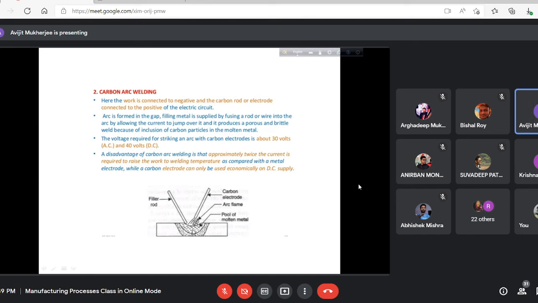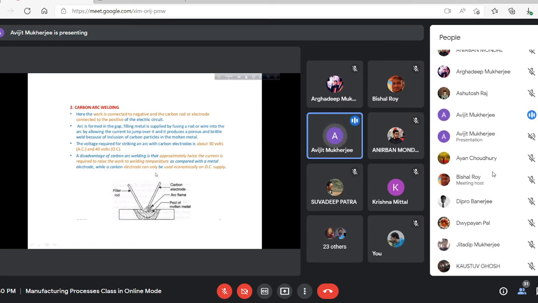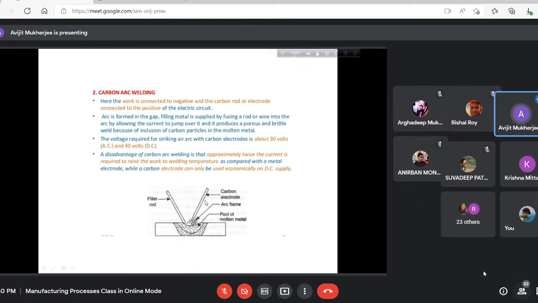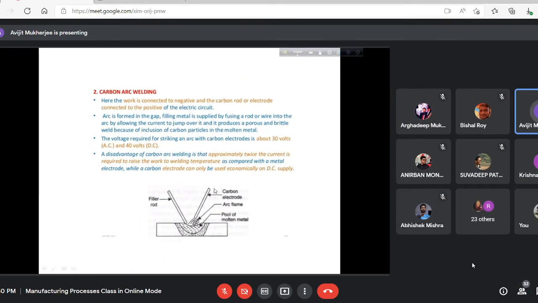Some parameters are mentioned here. Later on, you may go through any book, or I may give you these slides as a guideline. I am just discussing the principle. But what is the problem? When a carbon rod is used as an electrode, carbon will be infused in the molten pool of metal.